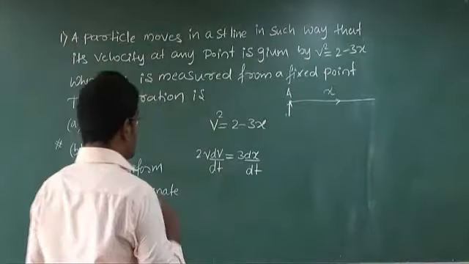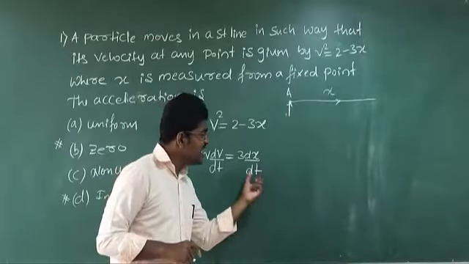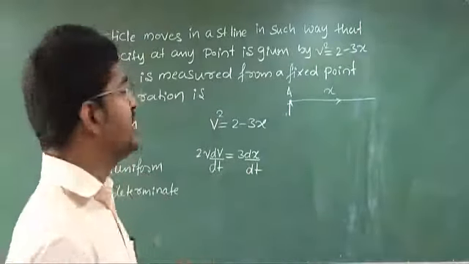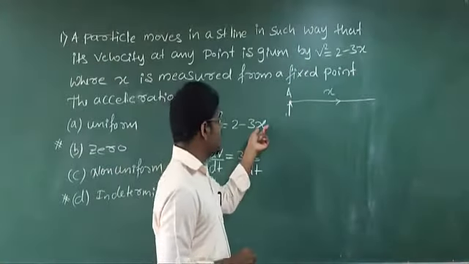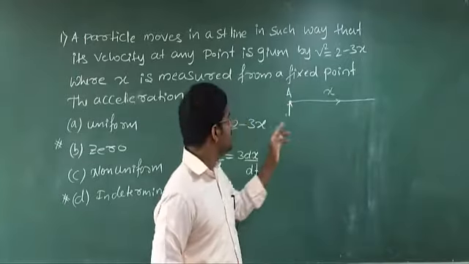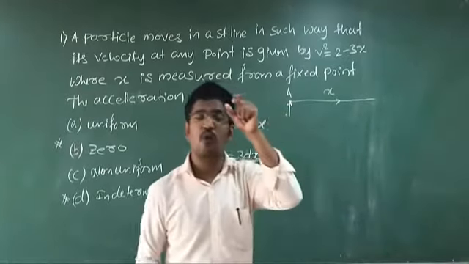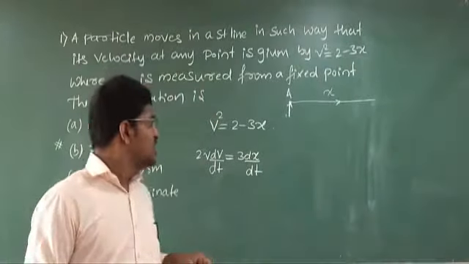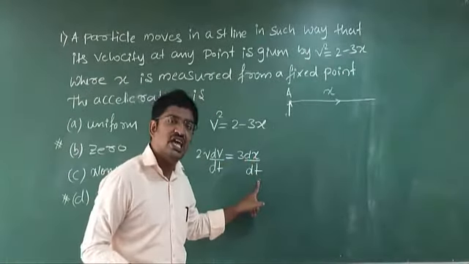See here, what is dx by dt? That is also important. x is the position along the straight line path, so the displacement is given in the form of x. That x has been differentiated here.